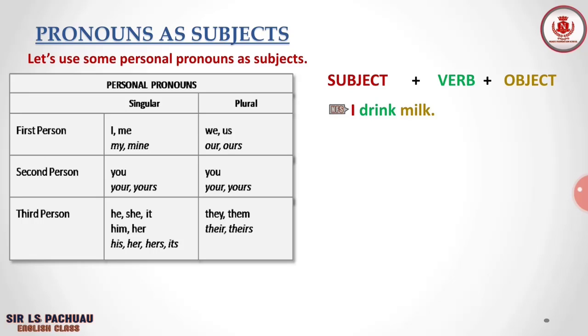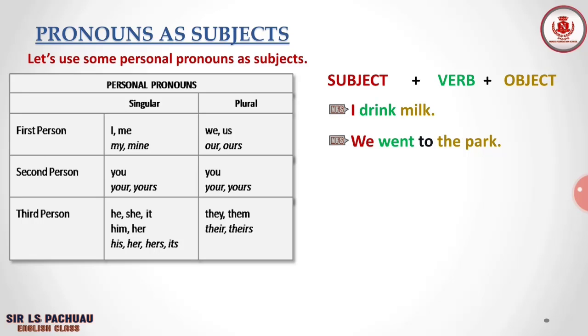I drink milk. Drink is the verb here and milk is the object. We is first person plural, a pronoun. We went to the park. Went is the verb. Went is the past tense of go. Go, went, gone, like that.